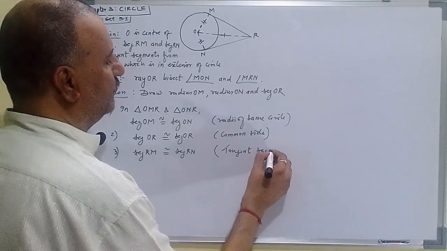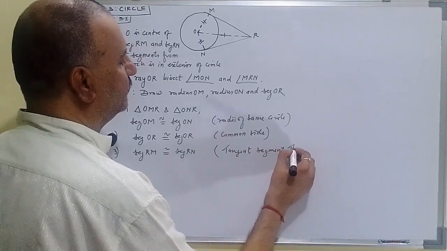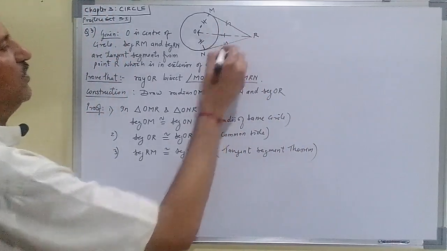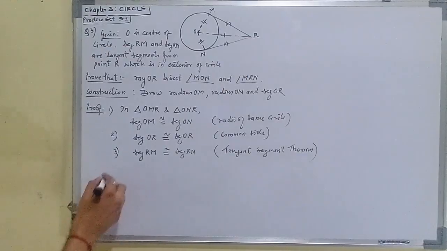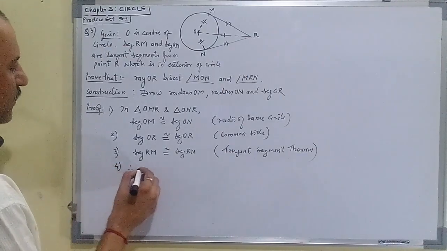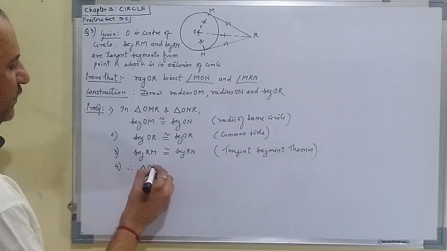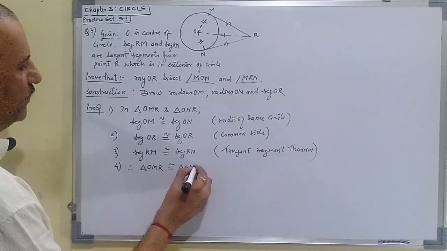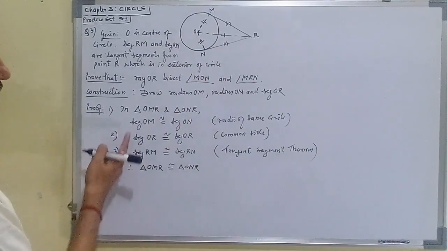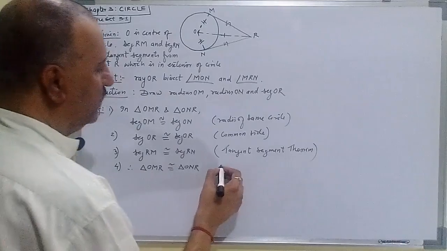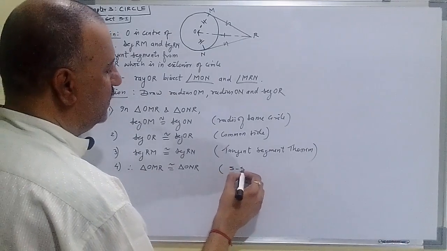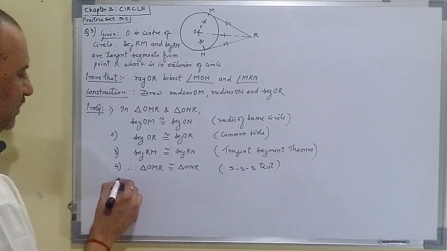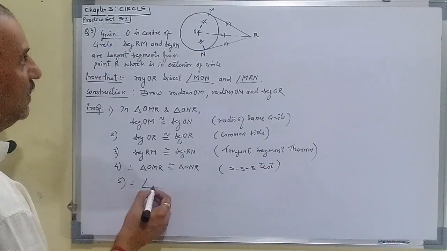These two will be congruent by the tangent segment theorem. Fourth, therefore triangle OMR congruent to triangle ONR, because all three corresponding sides are congruent, by SSS test.